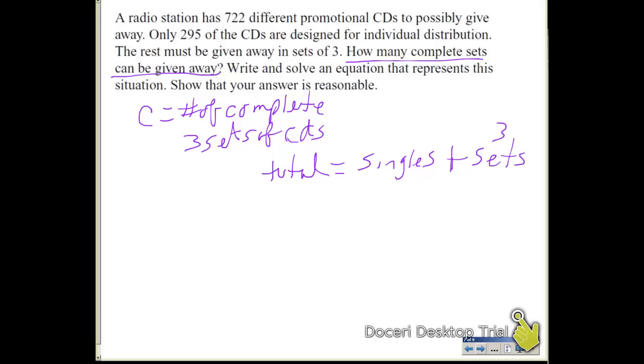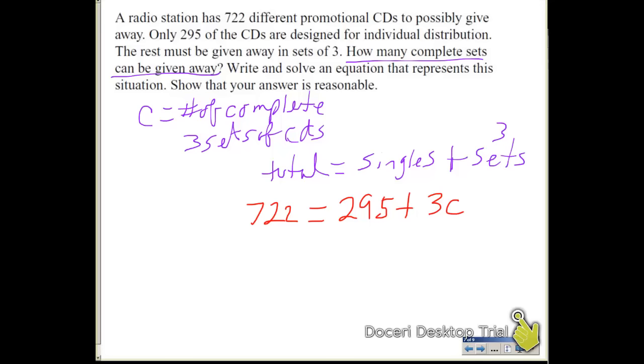So I go ahead and start substituting some information there. So total number is 722, and the number of singles that they can give away is 295, and the number of sets that they're going to give away, which is C, has 3 in each one. So the number of CDs they're giving away will be 3 times C. So they're giving away C amount of sets, but each set has 3 CDs in it.